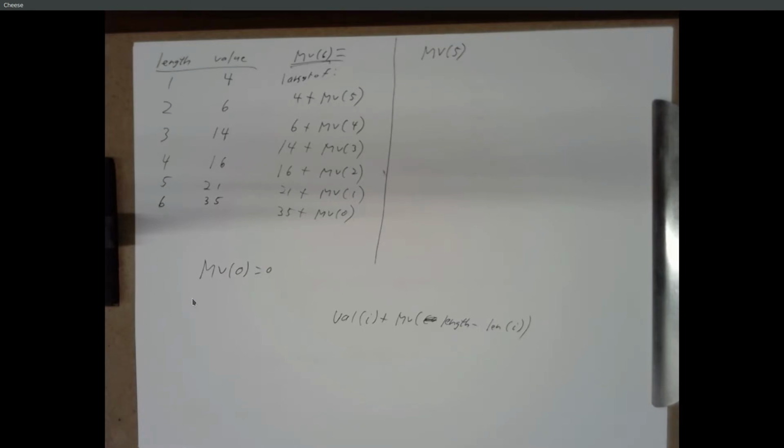Why do we start at 4? That first expression is saying, suppose I cut 1 inch off this bar. Okay, a 1 inch piece I can sell for $4. I've got 4 inches left. I don't know how much I can sell that for, but the best I can do is whatever my max val function of 4 tells me.